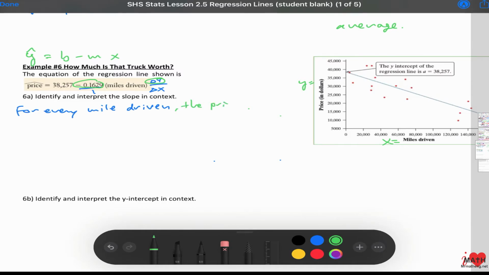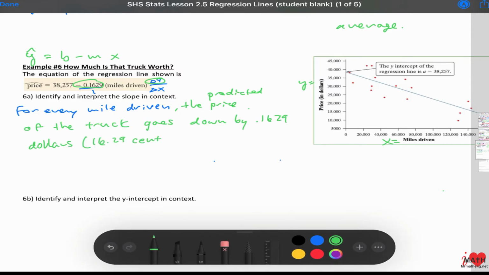The predicted price of the truck goes down by $0.1629, which is 16.29 cents.